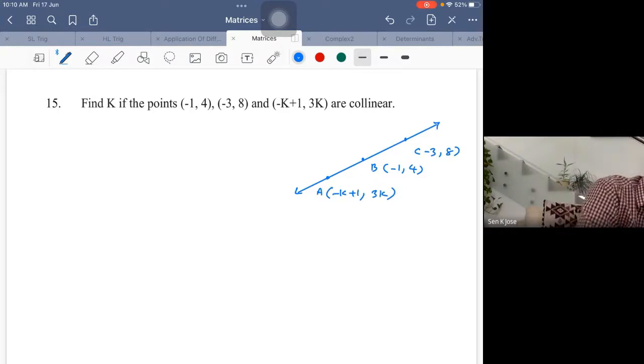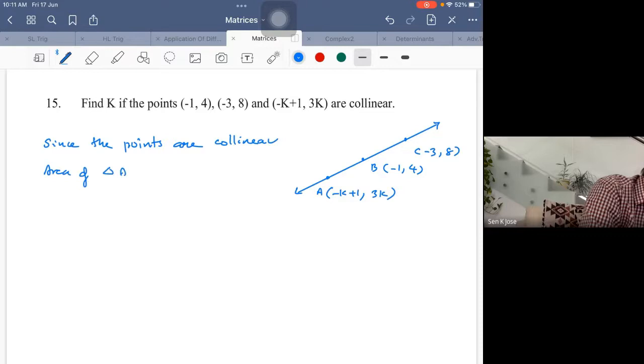Since the 3 points are collinear, area of the triangle has to be equal to 0. So I'm going to write that. Since the points are collinear, area of triangle ABC has to be equal to 0.